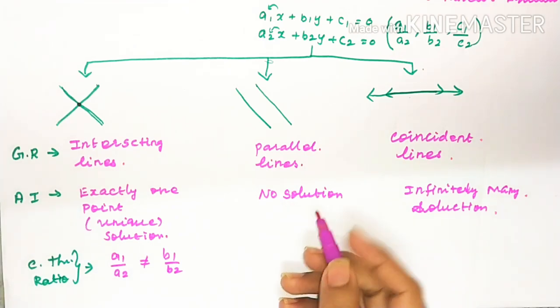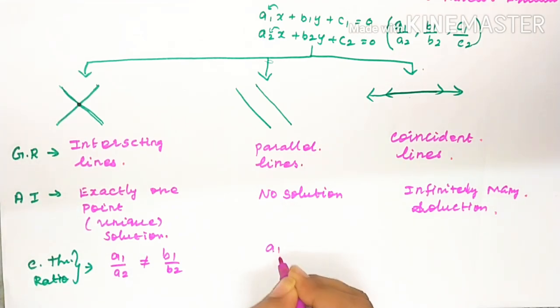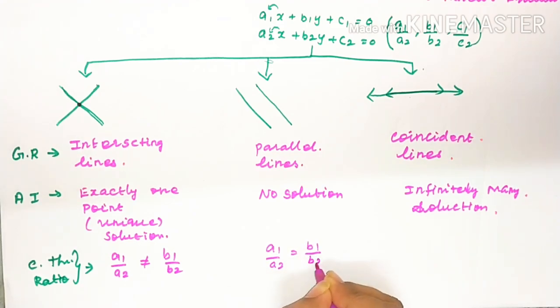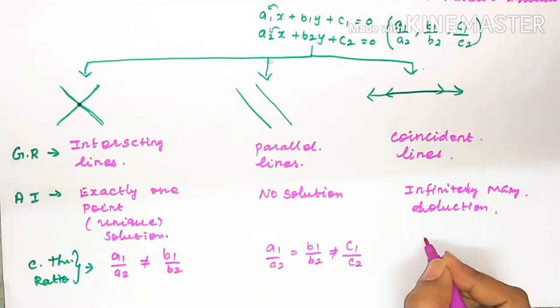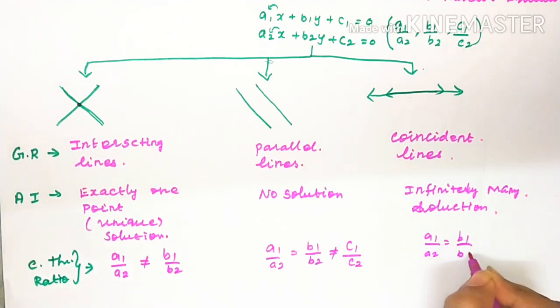For no solution, the condition is a1 by a2 equal to b1 by b2 not equal to c1 by c2. When this condition is satisfied, the given two linear equations have no solution, and it is a parallel line. Suppose a1 by a2 is equal to b1 by b2 equal to c1 by c2.